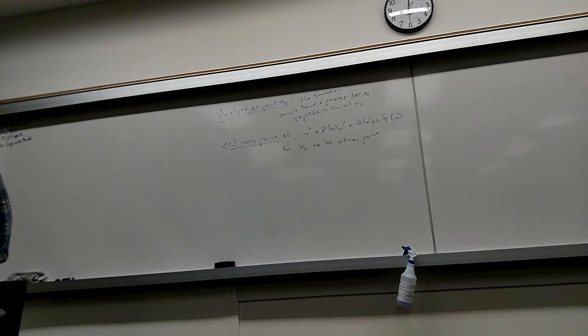Did anybody try out any of these? 2b especially. There's an example like that in the book, y double prime plus cosine x times y, so you know it's got to be very similar to that. You have to do a few of these infinite summation multiplications.